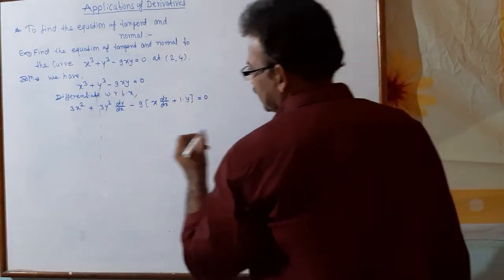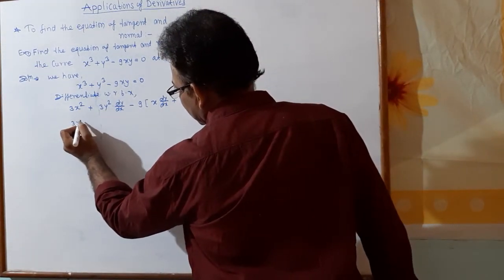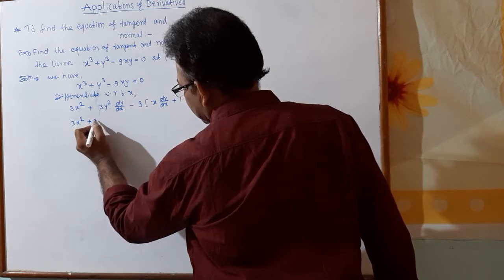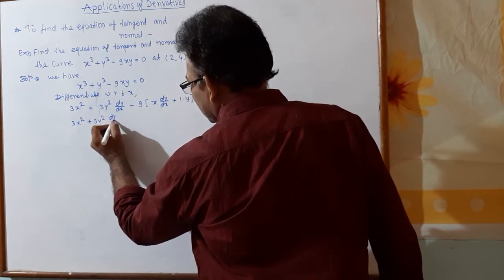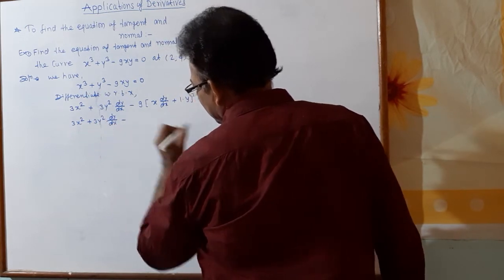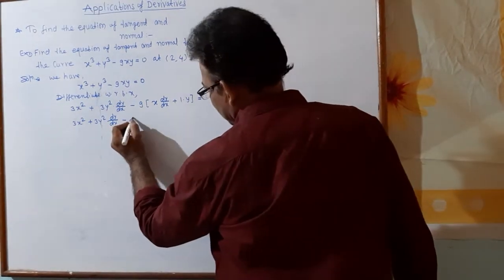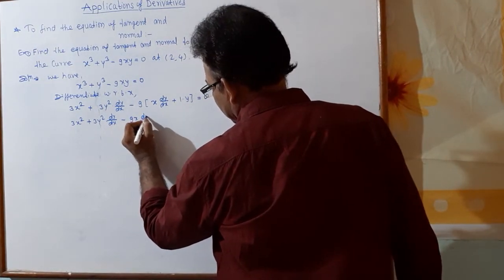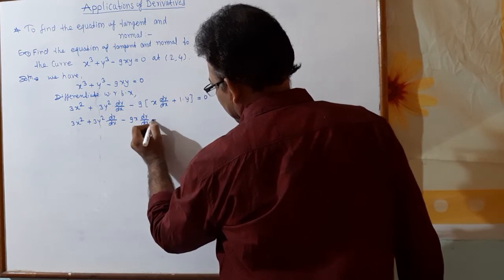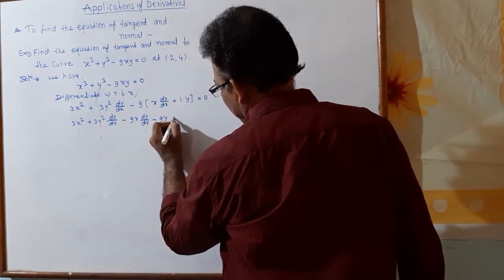Simplify this: 3x square plus 3y square dy by dx minus 9x dy by dx minus 9y equal to 0.